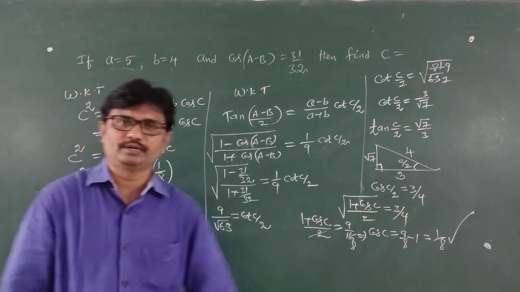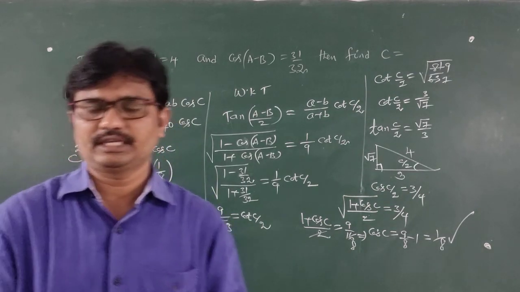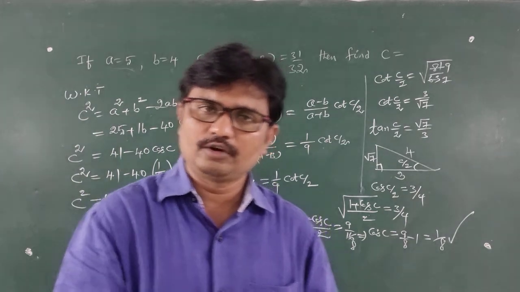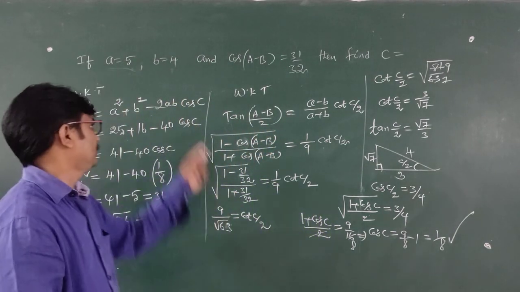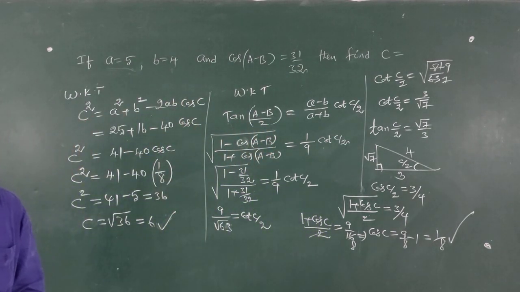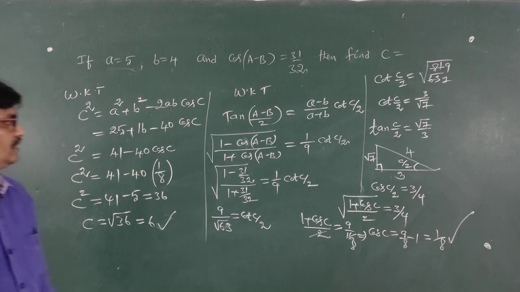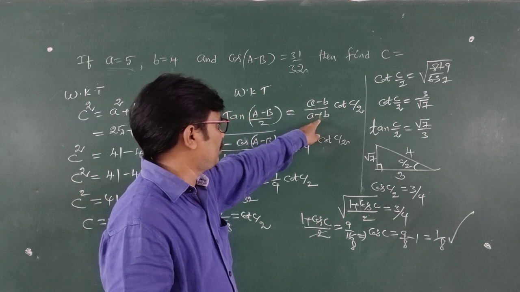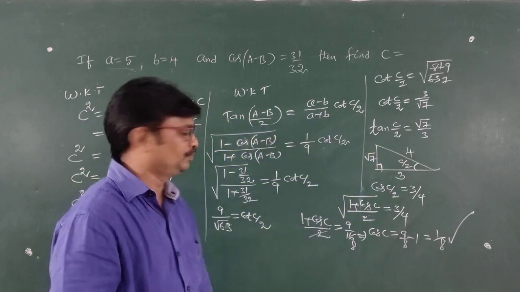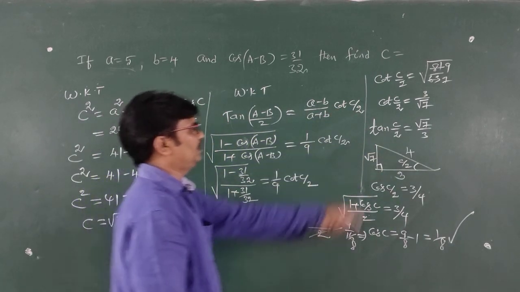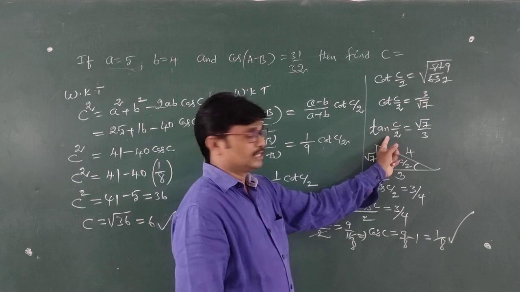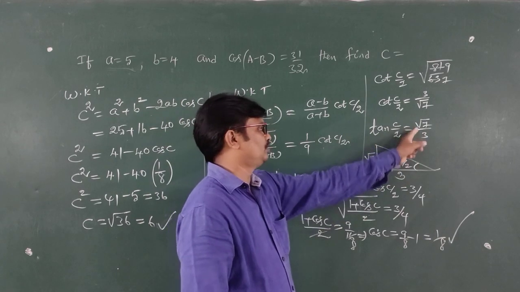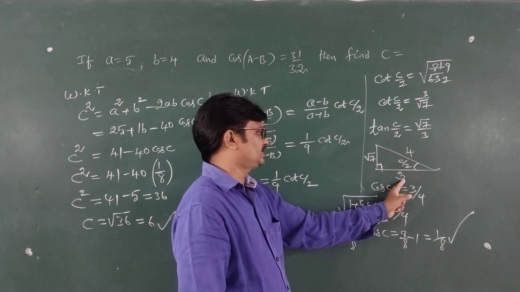How to find it, students? First we have to know that c square equals a square plus b square minus 2ab cos C. This is the cosine rule. After that, students, tan of (A − B)/2 equals (a − b) upon (a + b) into cot of C/2. From this we have to find the value of tan C/2. So tan C/2 is, students, opposite side by adjacent side.